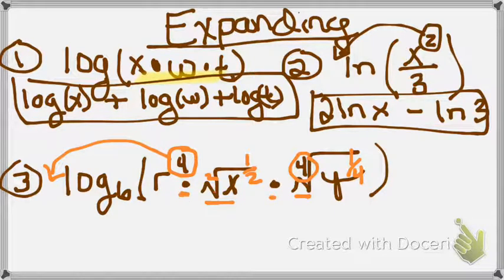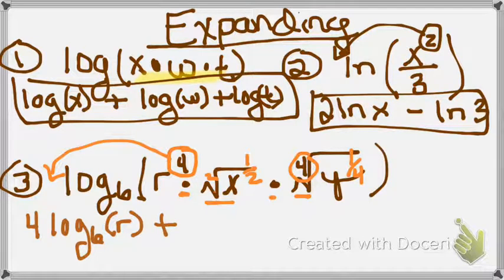We're all multiplying, so I left that easy for you guys to see. We just simply need to rewrite it. 4 log base 6 of r plus, now we handle this square root of x.